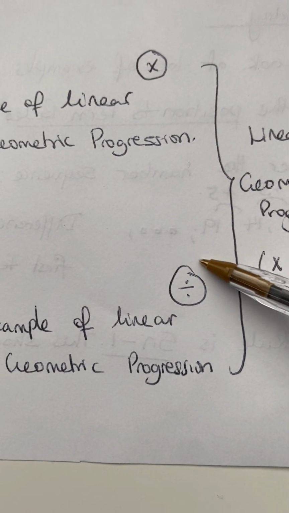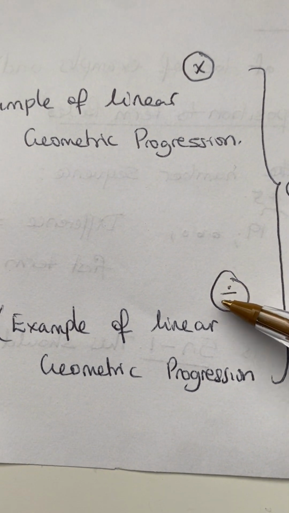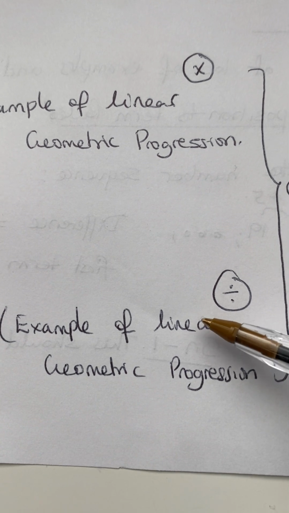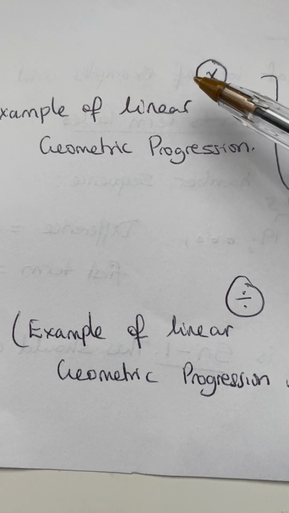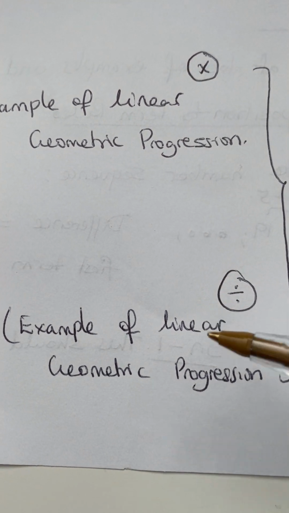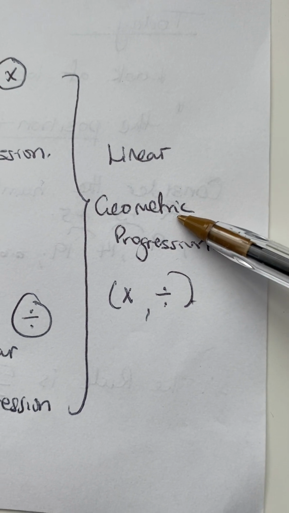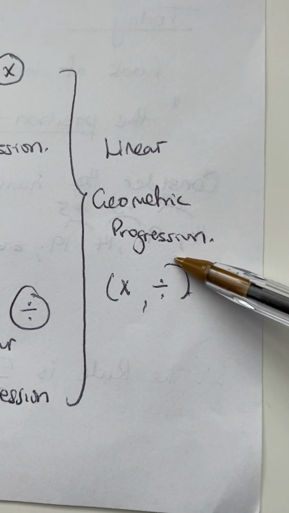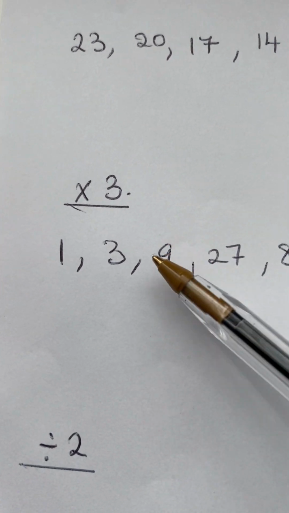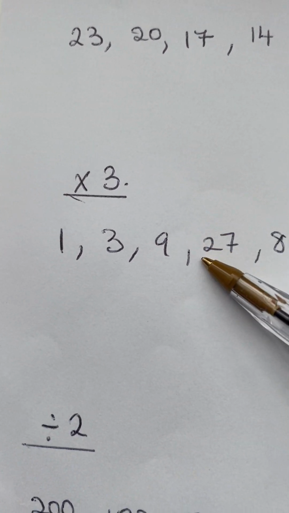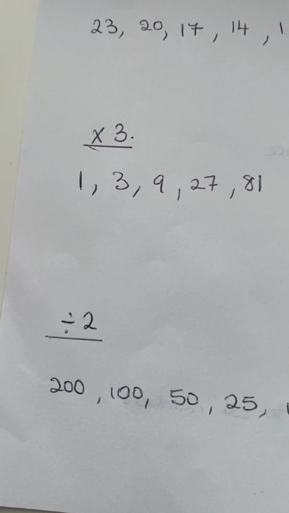So this is an example of a dividing sequence, also linear but of the geometric type. When it's multiplying or dividing, it's a geometric linear sequence under geometric progression. This one is the example of multiplication, and this one is the example of divide.